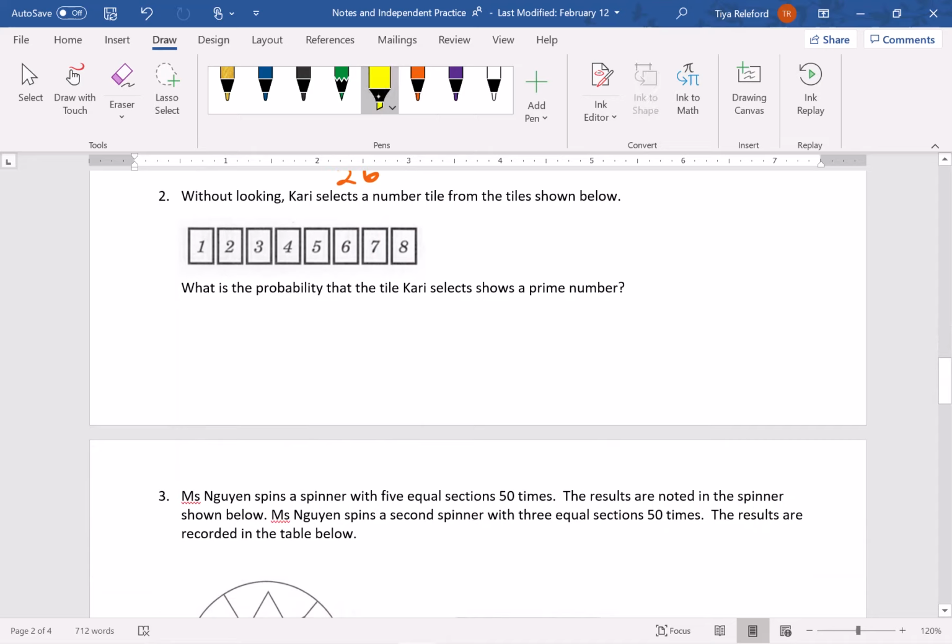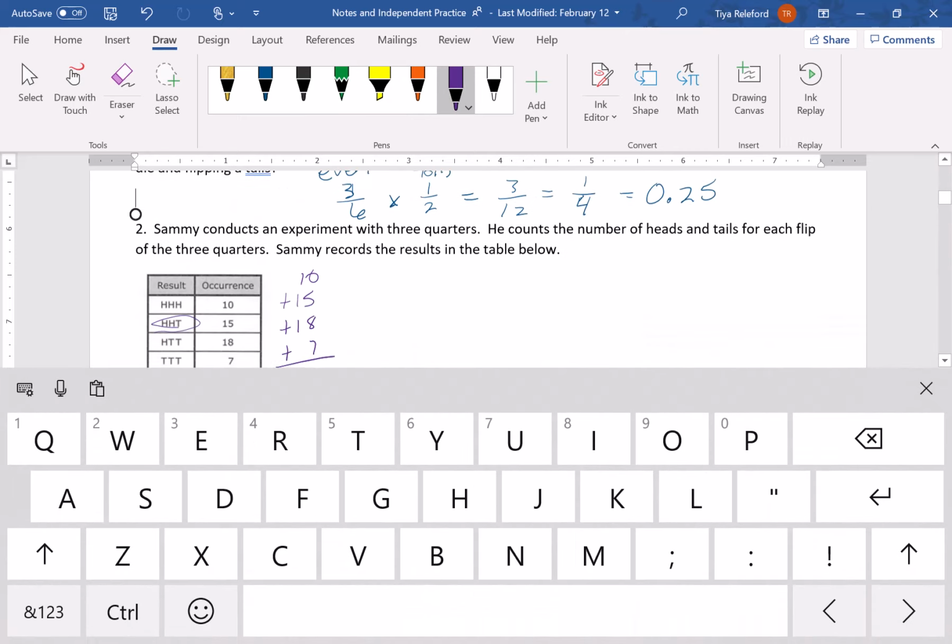Without looking, Carrie selects a number from the tiles shown below. What is the probability that the tile Carrie selects shows a prime number? Prime numbers are numbers that cannot be divided.